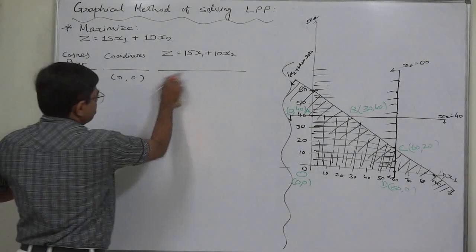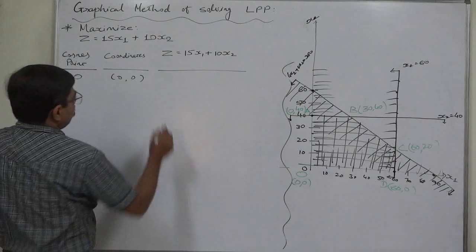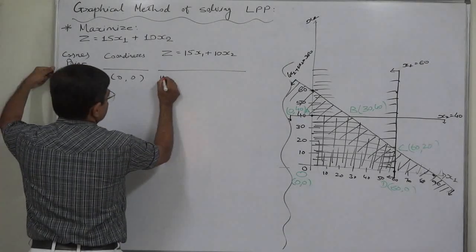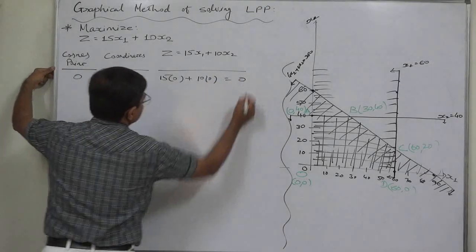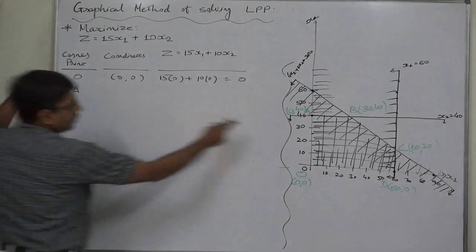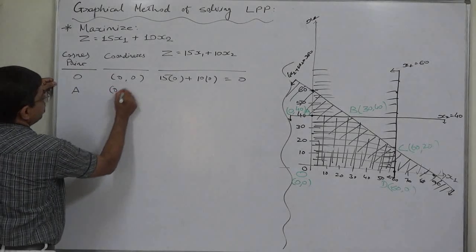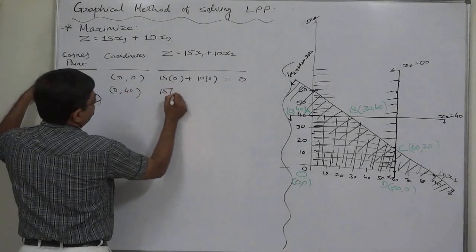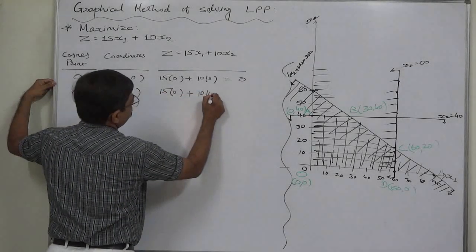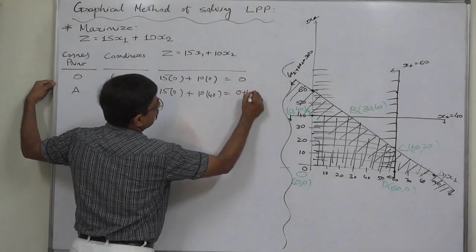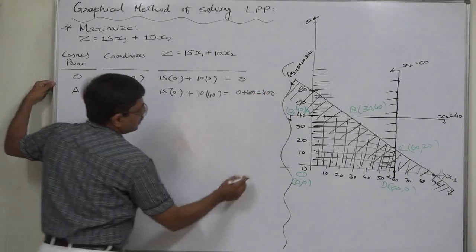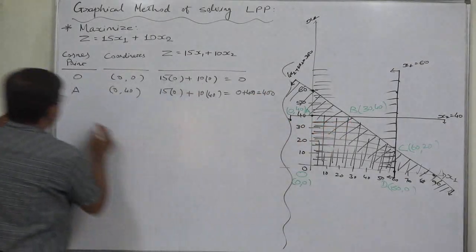It will be 15 into 0 plus 10 into 0, so 0 plus 0, 0. At A, the coordinates are 0 and 40. So it will be 15 into 0 plus 10 into 40, so 0 plus 400 equals 400. At B, they are 30 and 40.